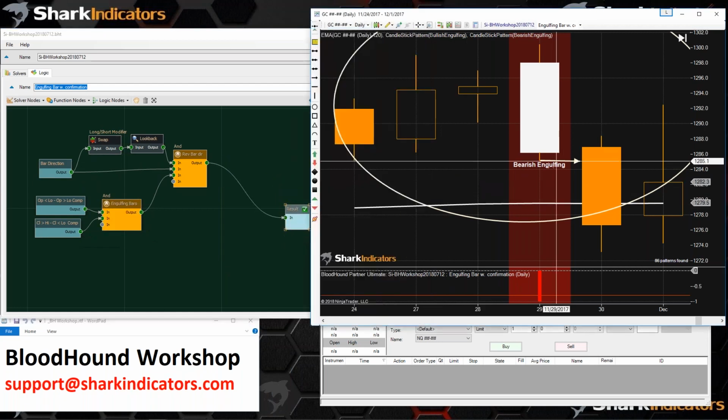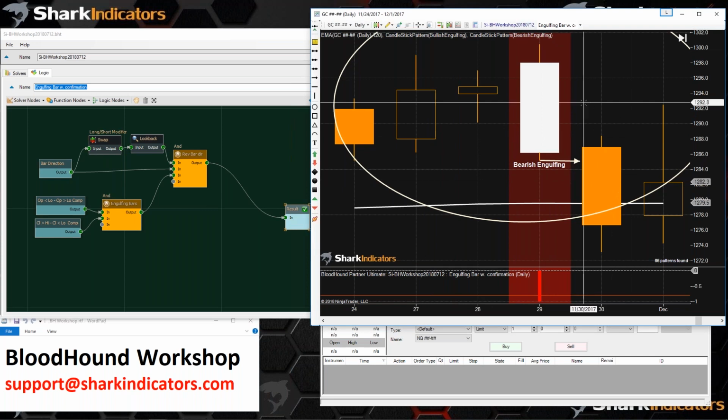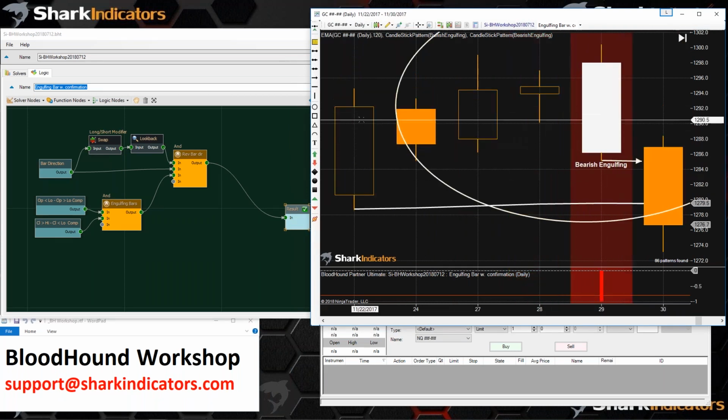So what are we doing? Another type of comparison, right? We're comparing either the low or the high of the engulfing bar with the next bar. So let's say this is our current bar.